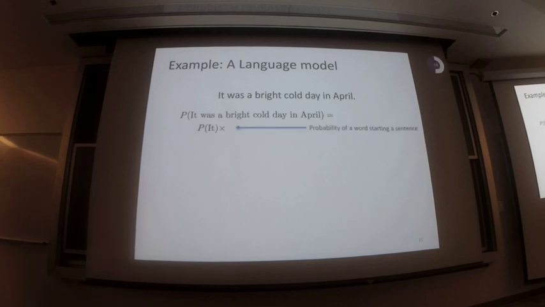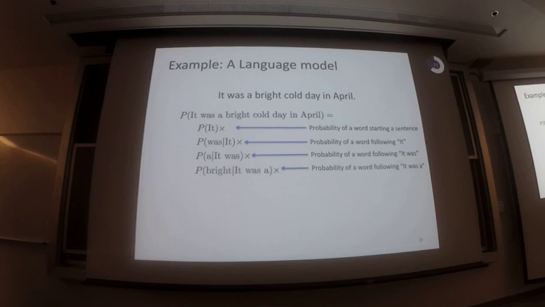So what happens here is that we first compute the probability of the first word, that is it, and then we multiply it by the probability of was conditioned on it, and the probability of a conditioned on it was, and then the probability of bright conditioned on it was a, and the probability of cold conditioned on it was a bright, times the probability of day conditioned on it was a bright cold.